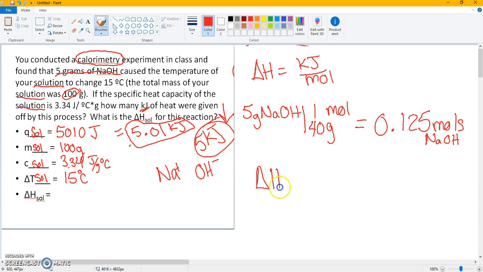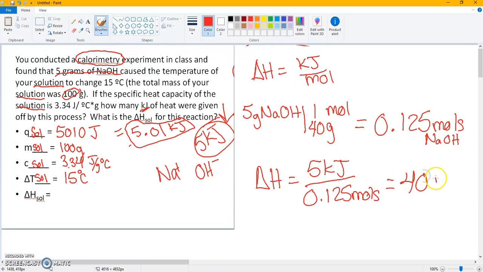So my delta H is equal to 5 kilojoules of energy divided by 0.125 moles of sodium hydroxide. And I plug that in, and with sig figs, I get 40 kilojoules per mole when creating a solution of sodium hydroxide.